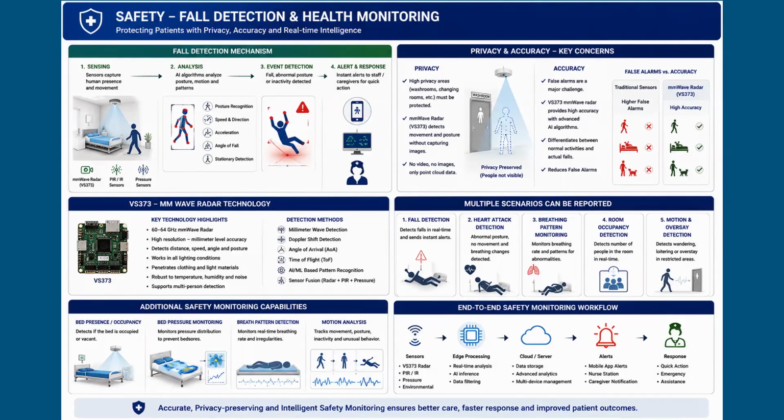Coming to fall detection mechanisms, in our work we implemented different types of machine learning algorithms like decision tree, naive Bayes, and KNN. But as we know, a fall is actually a sequence of events, and maybe a sudden transition from one state to another state.